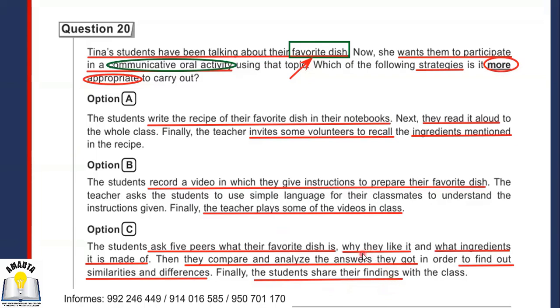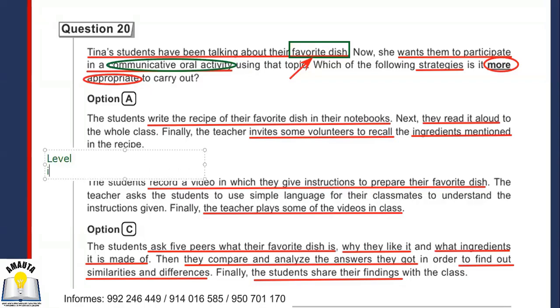So one more time, the question is, which of the following strategies is more appropriate? One more time, you should pay attention to the level because CLT, communicative language teaching, promotes students' interaction.